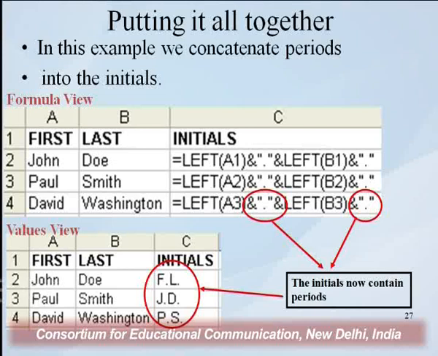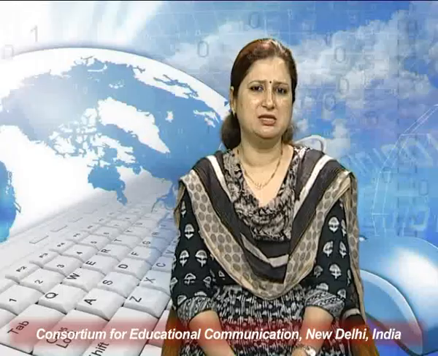You just put the ampersand and then the period sign. Whatever you put within double quotes becomes a literal and that can easily be inserted in between the two. In the lower example you can see the initials have been combined and a period has been inserted.